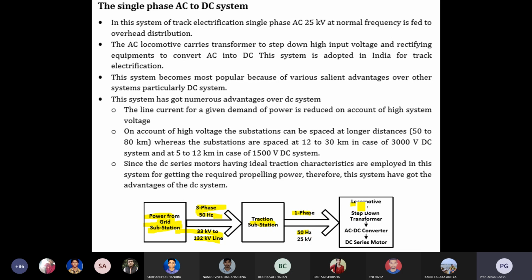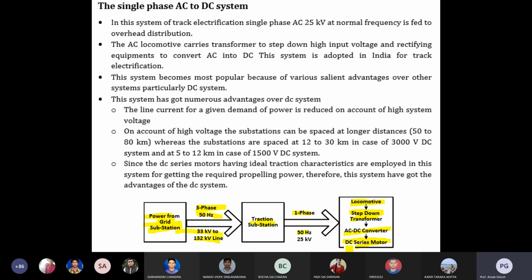The locomotives directly collect the single phase AC at 50 hertz. Then a step down transformer, then AC/DC converters, rectification, just like your AC locomotive that we discussed five or six slides before. Same system: AC/DC converter, then a DC series motor for traction purposes.